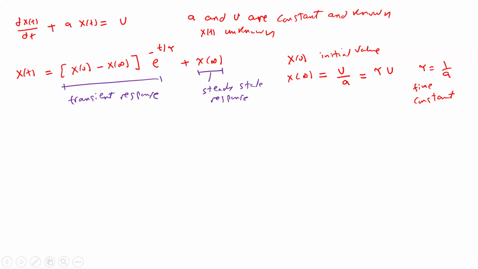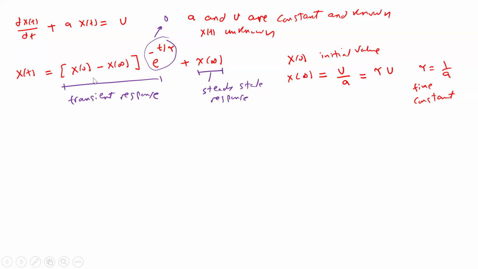Because when e to the power of this part goes to 0 as t increases, the transient becomes 0. So we have this transient response only at the first time, for a very short period of time. After that, it disappears, and this is the steady state solution. Okay. This is the equation.